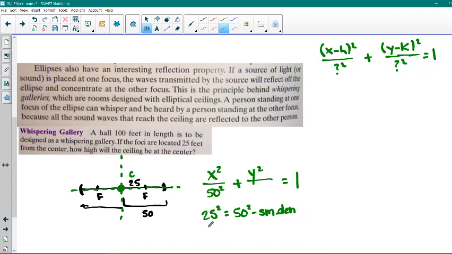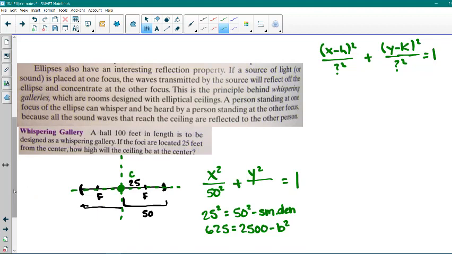All right, well, 25 squared is 625. 50 squared is 2,500. And then the smaller denominator is just really not what we're going to be using. I'm going to call it b. And of course it is b squared.